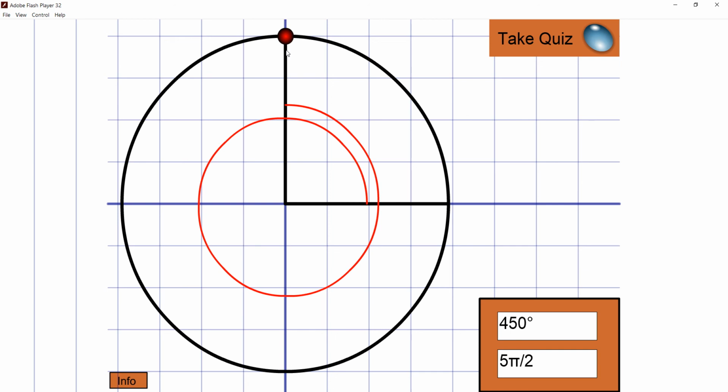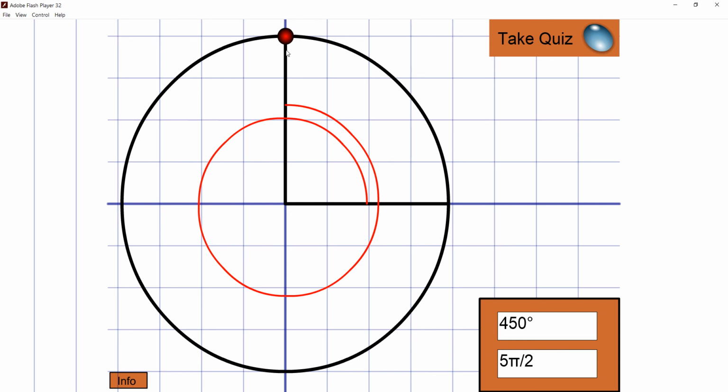Does anybody see what angle is the same as 450? 90. 450 and 90 land in the exact same spot on this unit circle. So what's the pattern there? Does anybody see what you can do to the number 450 to turn it into the number 90? Subtract 360.